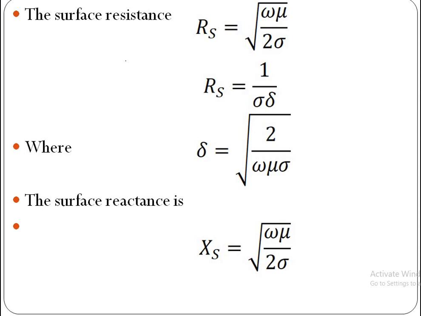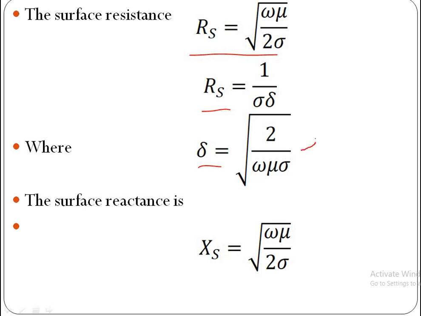Therefore, the surface resistance Rs is equal to square root of omega mu by 2 sigma, which can be further simplified as Rs is equal to 1 by sigma into delta. For a conducting medium, delta is equal to square root of 2 by omega mu sigma.